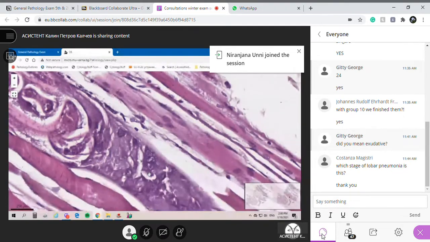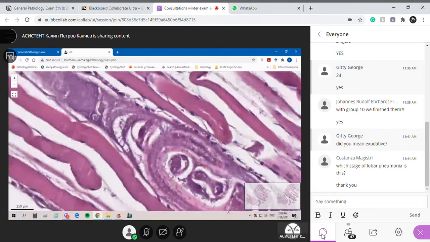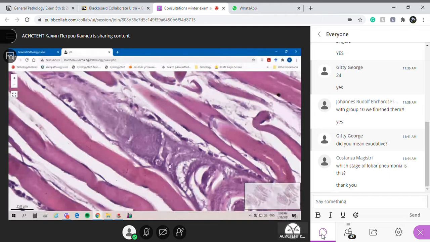Here we have some epithelioid cells, and in some areas you can find even some multinucleated giant cells. Well, this one looks like a multinucleated giant cell. It's a big one, and it has several nuclei.